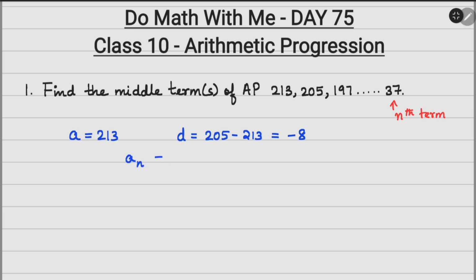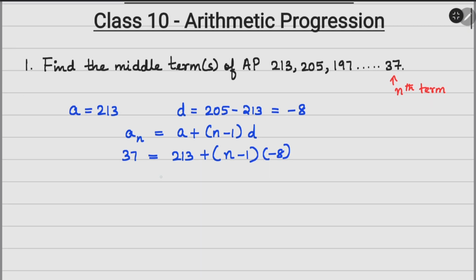The formula is an is equal to a plus n minus 1 into d. We know the nth term, that is the last term, 37, is equal to a, which is 213, plus n minus 1 into d, where d is minus 8. Let's solve it. 213 minus 8n plus 8. So 213 plus 8 is 221, minus 8n, is equal to 37.